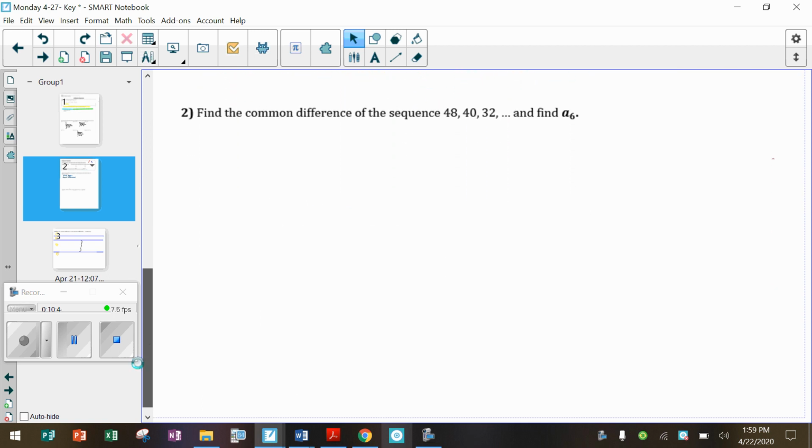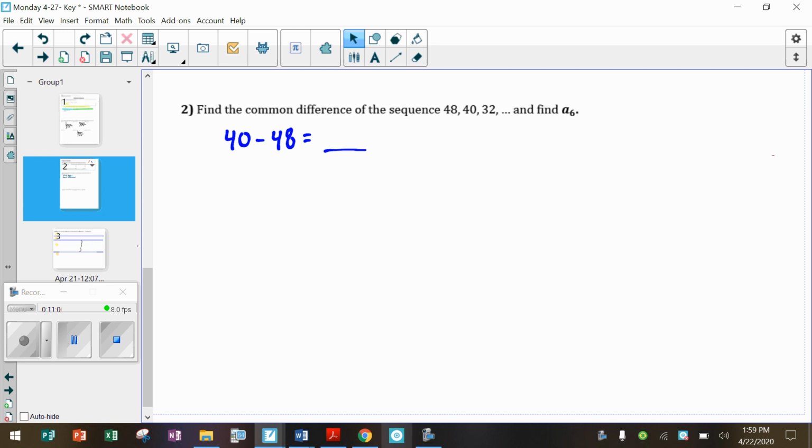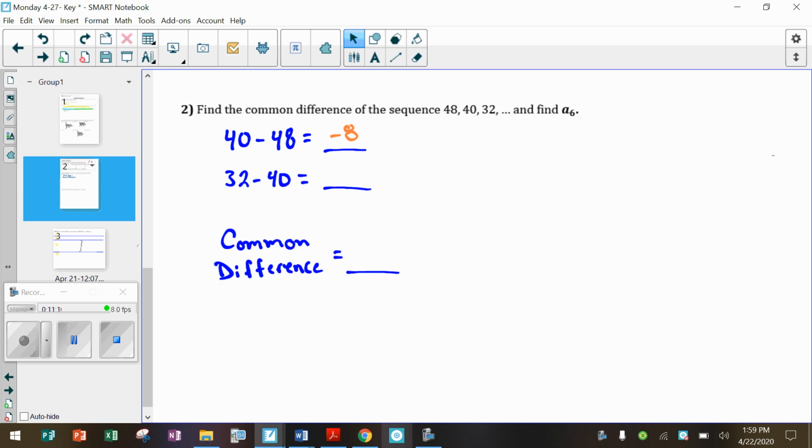Sometimes they're looking for a term down the line. So find the common difference of the sequence 48, 40, 32, and find A6. To find the common difference, remember, we take the second term in our list, subtract the first term, and we get our common difference. We can check it a couple times to make sure it is a true arithmetic sequence. But once we have our common difference of negative 8, we can try to find the terms we need.